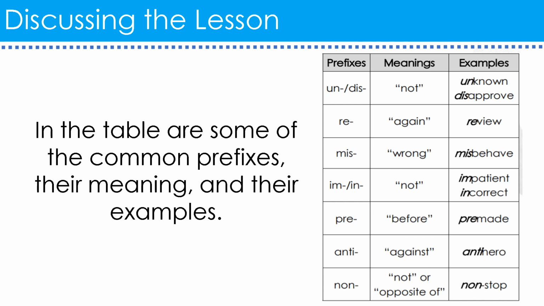So having these meanings, we can have new words. Okay, so example. So again, we have this salitang ugat or the root words. So this, for example, unknown. Un means not. Okay, so unknown. Ibig sabihin, not known. Okay, by having this. Okay, so example, disapprove.